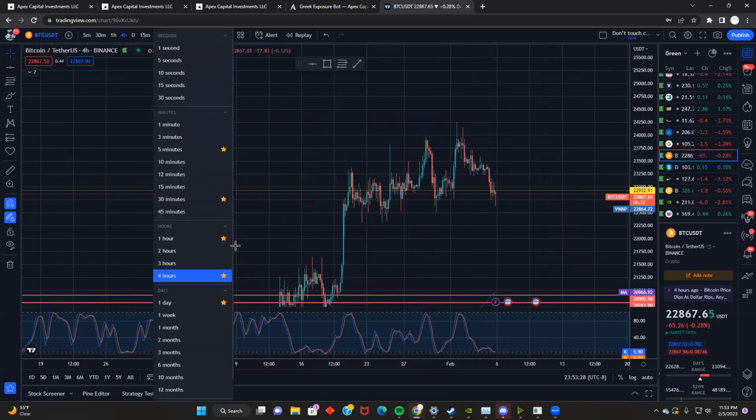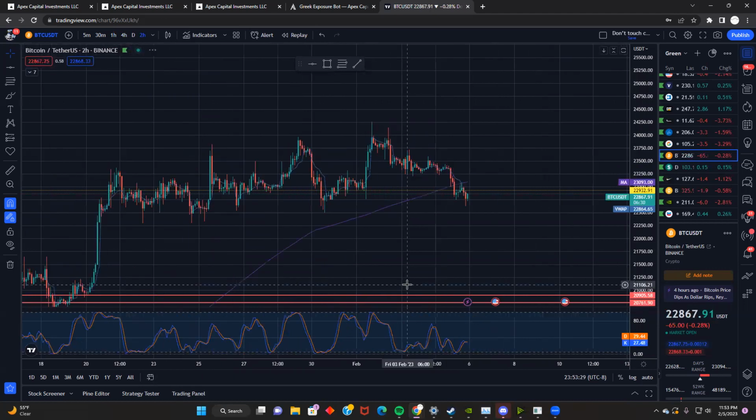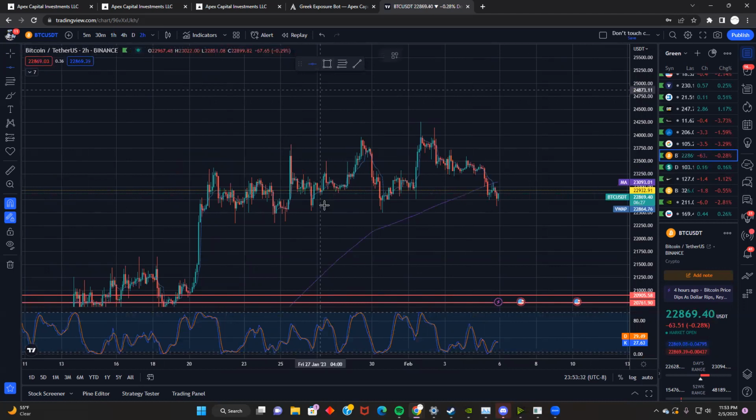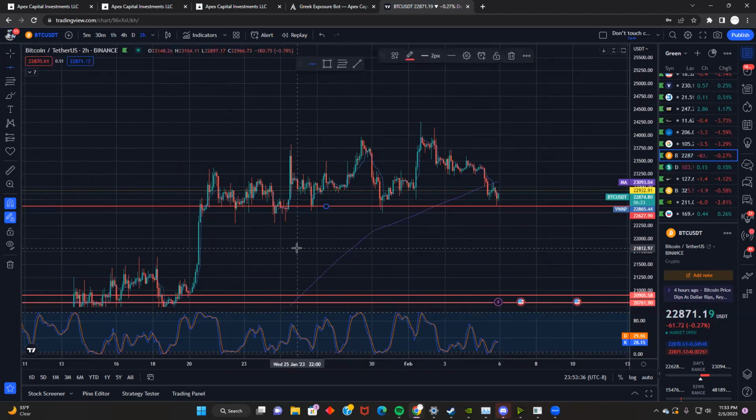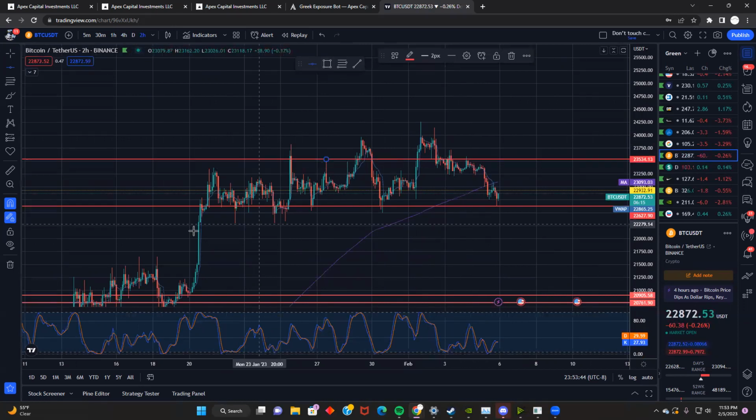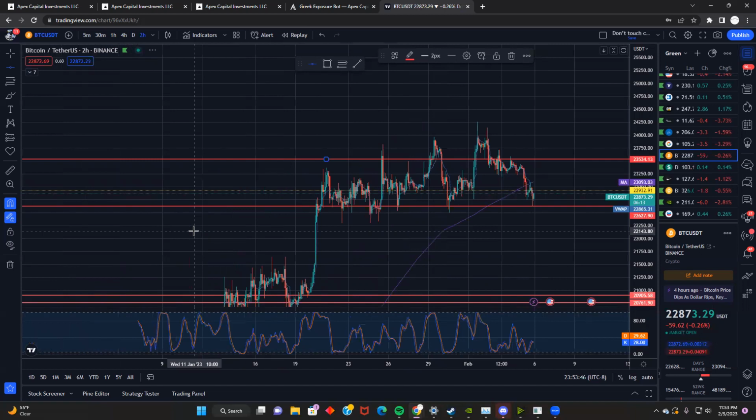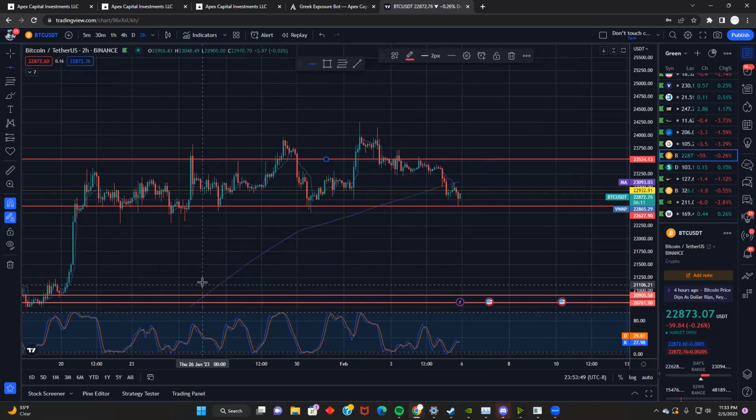Let me try the 2 hour time frame. Okay. So it seems like Bitcoin is always bouncing there. And it seems like they're having trouble up here. Pretty huge range on Bitcoin, but she's within the range, right?